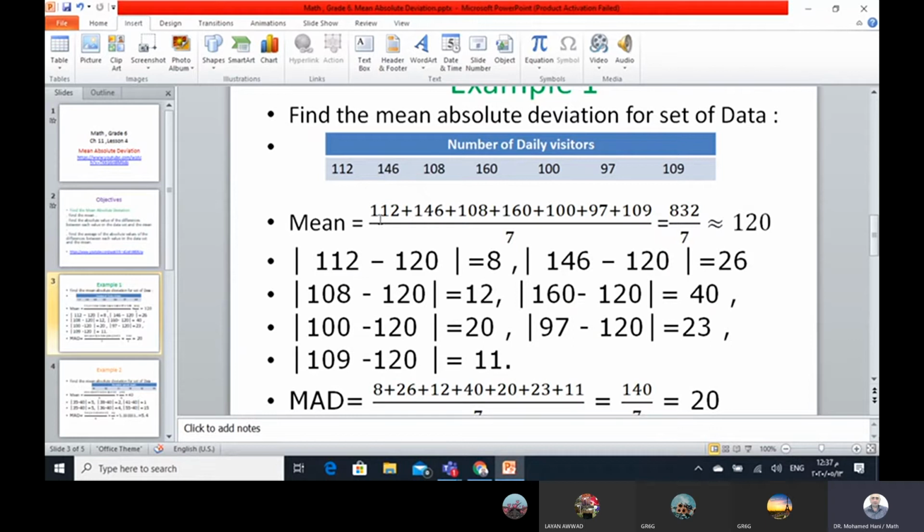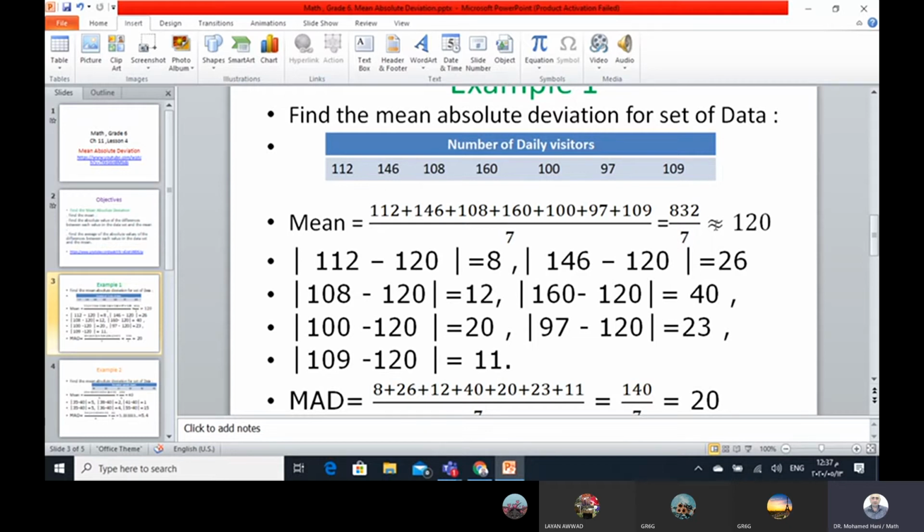So I can write 112 plus 146 plus 108 plus 160 plus 197 plus 109, divided by how many numbers we have here? 1, 2, 3, 4, 5, 6, 7. Divide by 7. Now, the sum of all the numbers up here will be 832, so it will be 832 divided by 7.